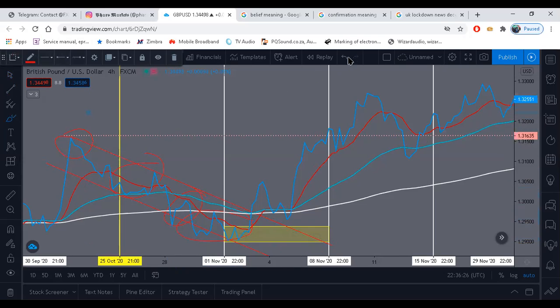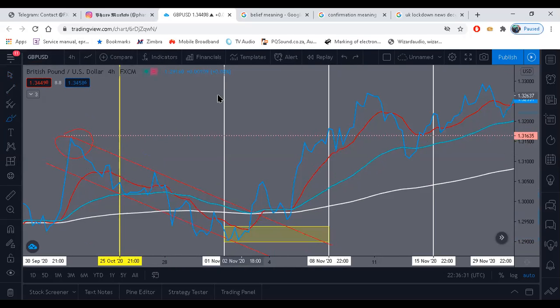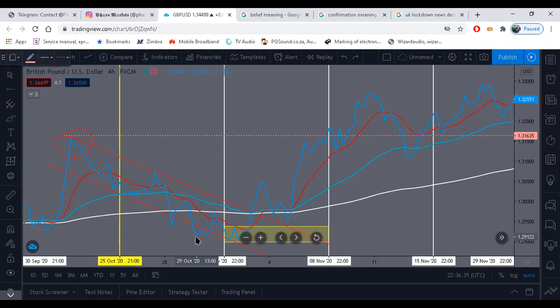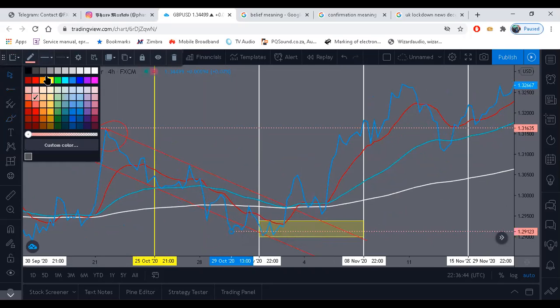Now, before we do that, let's just have a look at the level at which this low was formed. This was the low of the previous week. I'm gonna make this a different color so we don't get confused.